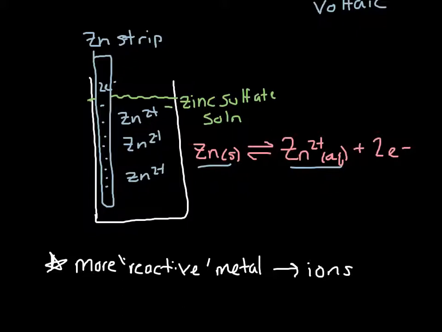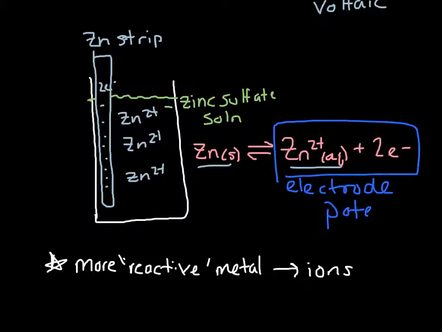So it's an equilibrium reaction moving to and from the solid and aqueous state. The zinc ion with its associated electrons is what generates what we call the electrode potential.